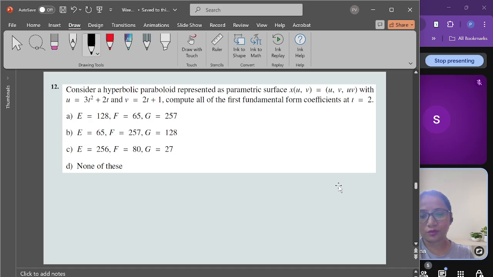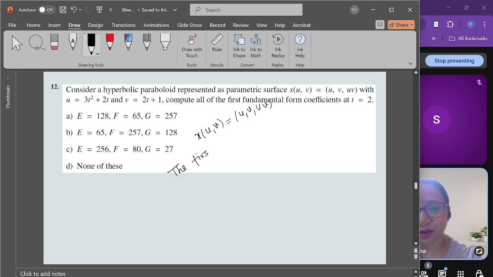The surface function is given as x(u, v) = (u, v, uv), and u and v are also given.